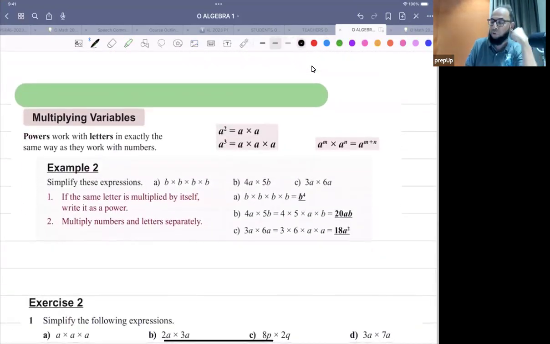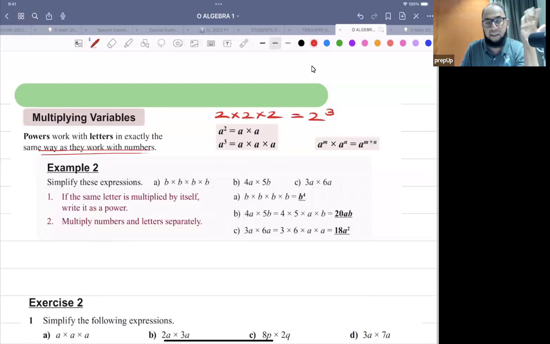So now what is the concept? Now it says powers work with letters in exactly the same way as they work with numbers. What does it mean? If I write 2 into 2 into 2, can I write this thing as 2 cubed? The answer is yes. If I write 5 into 5 into 5 into 5, can I write this thing as 5 raised to power of 4? Yes.